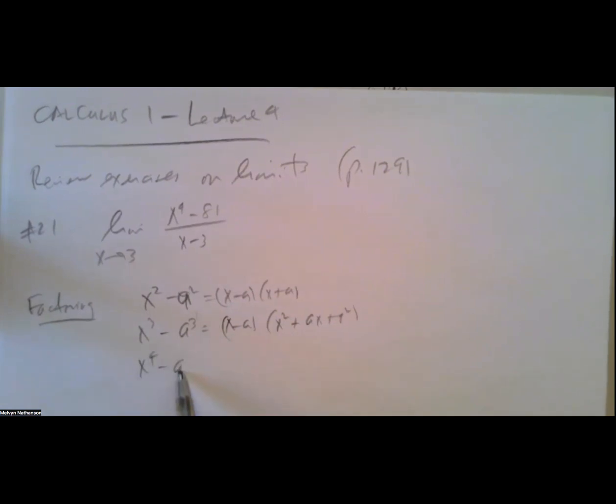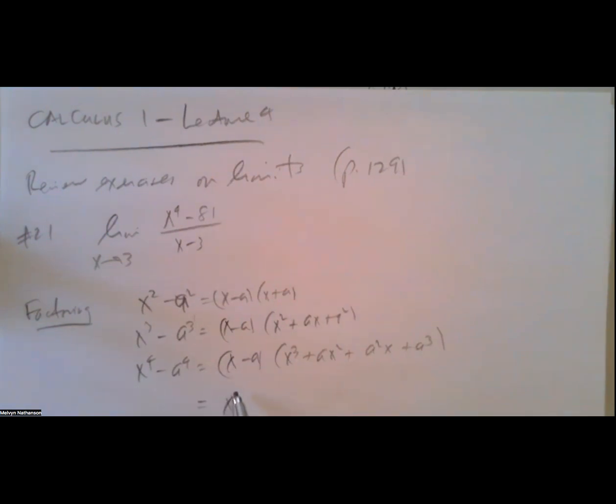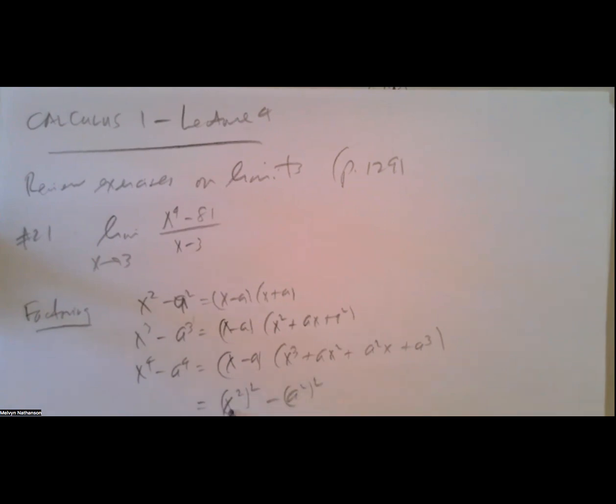And x to the 4th minus a to the 4th, we can factor in different ways. We can factor it in the same pattern, x minus a times x cubed plus ax squared plus a squared x plus a cubed. We could also think of this as x squared squared minus a squared squared, because x squared squared is x to the 4th and a squared squared is a to the 4th.